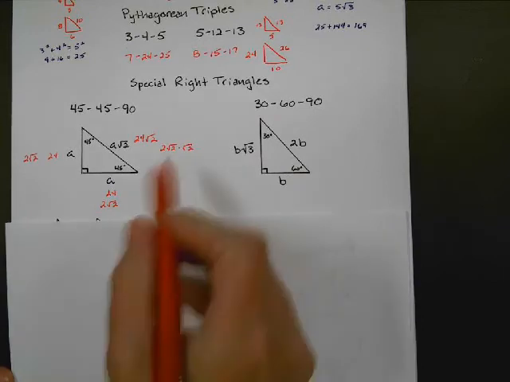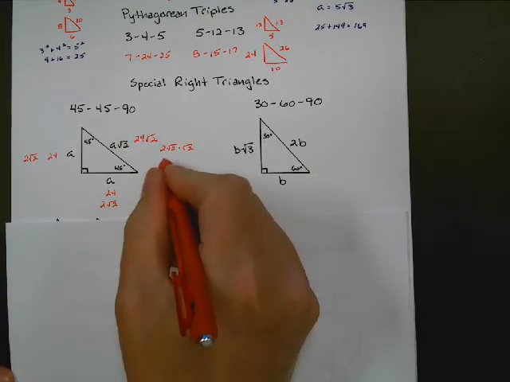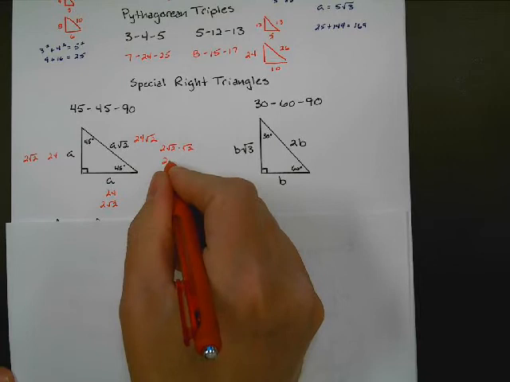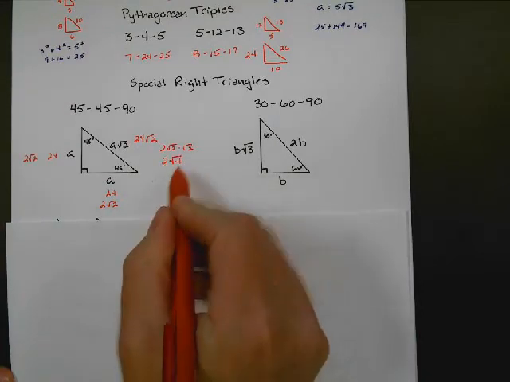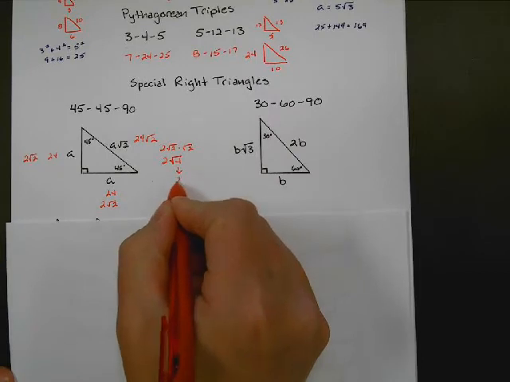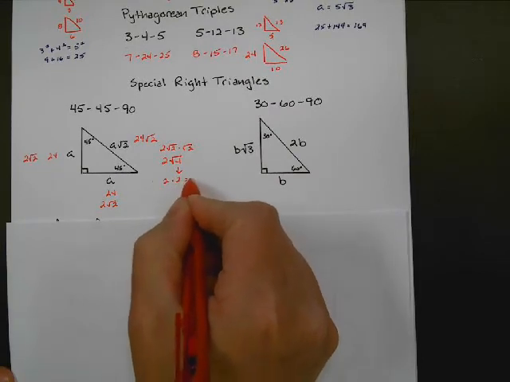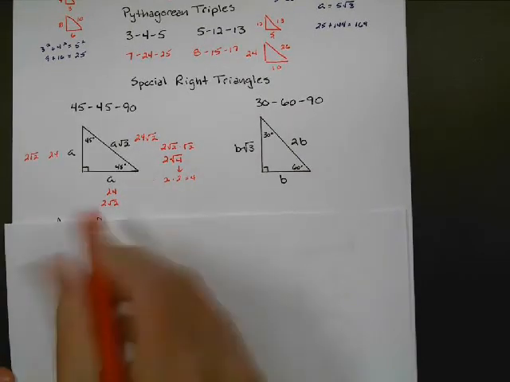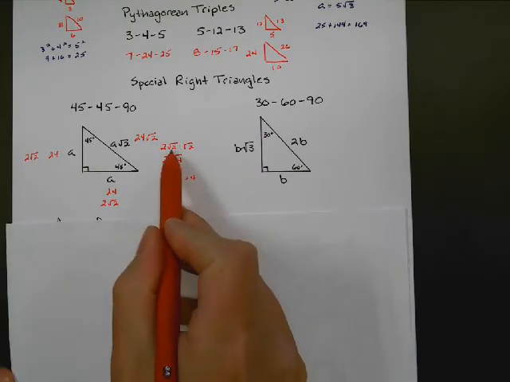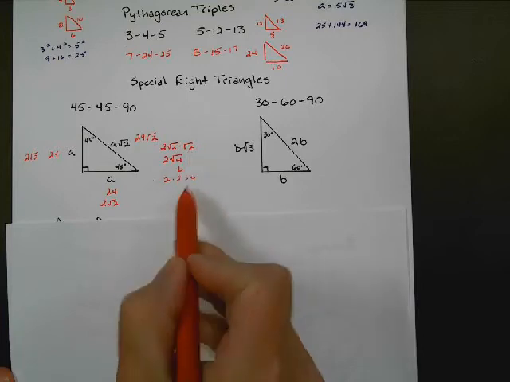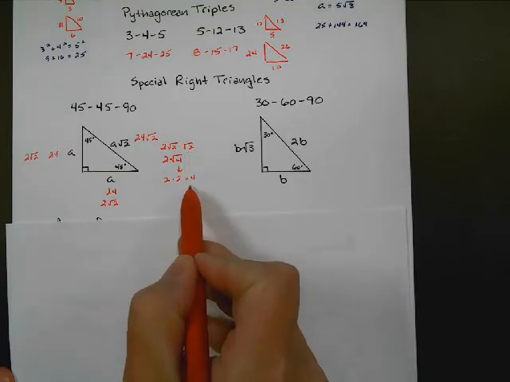Well, how do you multiply two radicals? You just do 2 times root 2 times root 2, so this would be 2 root 4. And we know that the square root of 4 is 2, so this is 2 times 2, 4. So this side would be 2 root 2, this side would be 2 root 2, and this side would be 2 root 2 times root 2, which is 4 after we've worked it out.